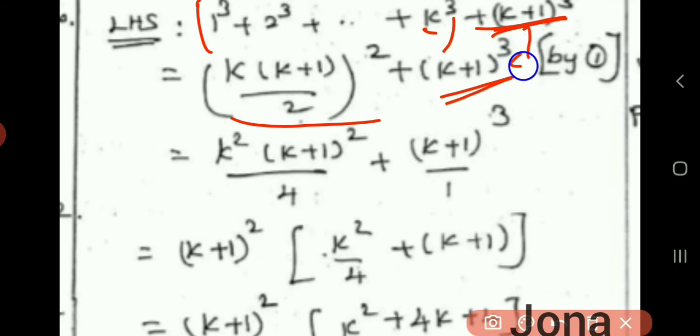Keep this as it is here. And then I want to square the first term. If you square these things, we can have k square into k plus 1 the whole square divided by 4 plus this k plus 1 the whole cube as it is we have to keep here.